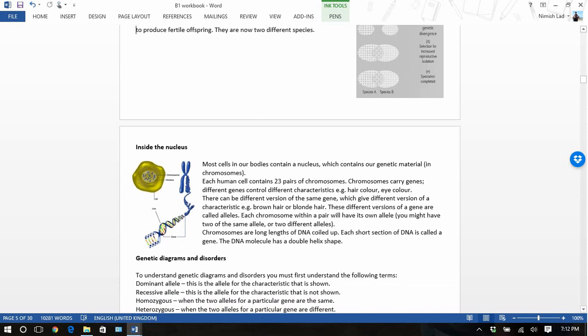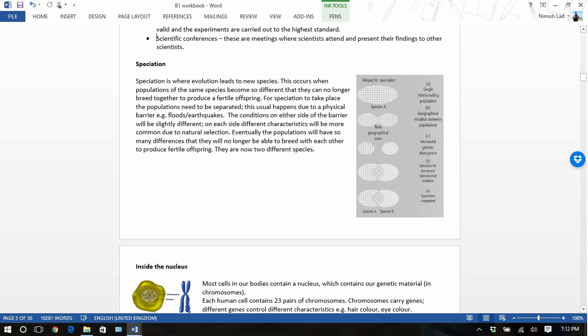So, moving on from evolution, we have speciation. Speciation is where evolution leads to new species. This occurs when the populations of the same species are so different they can no longer breed together to produce fertile offspring.